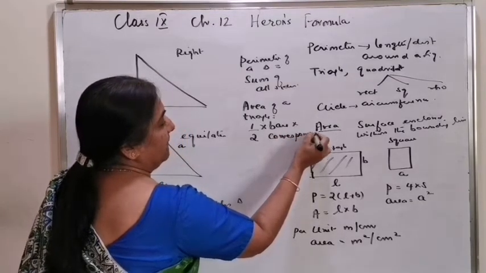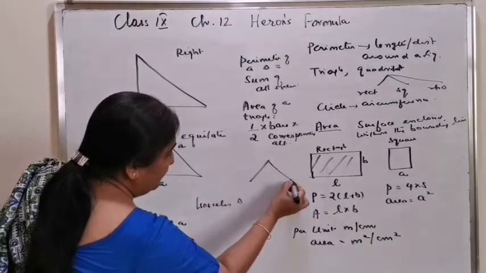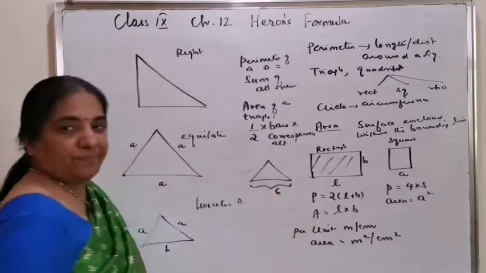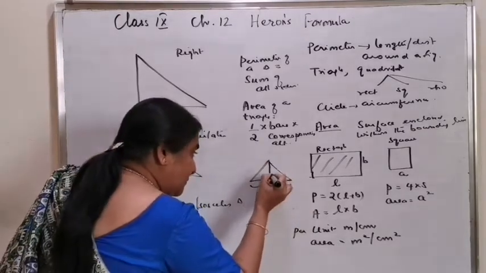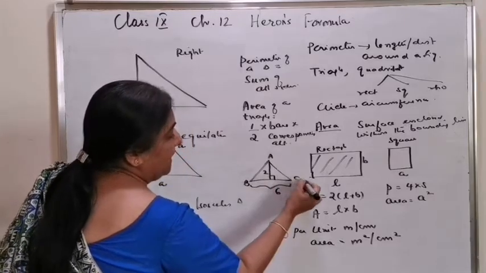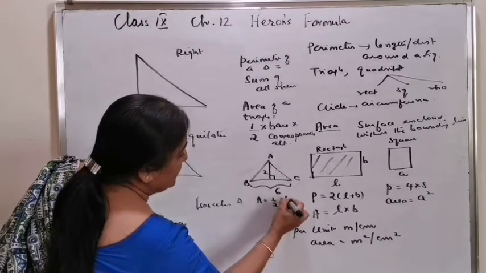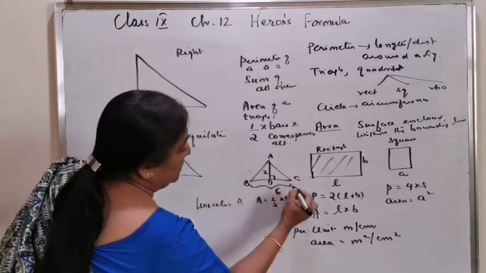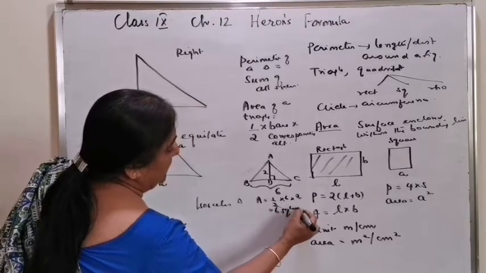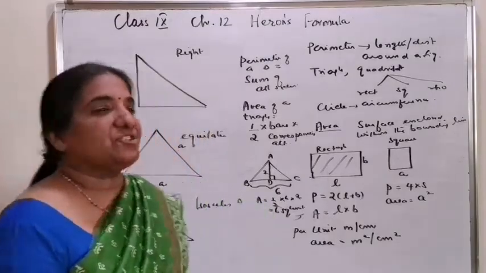That means if you know the triangle with base measure 6 and the altitude to this base is 2 centimeter, the area can be found using the formula half into 6 into corresponding altitude AD, which is equal to 6 square units.